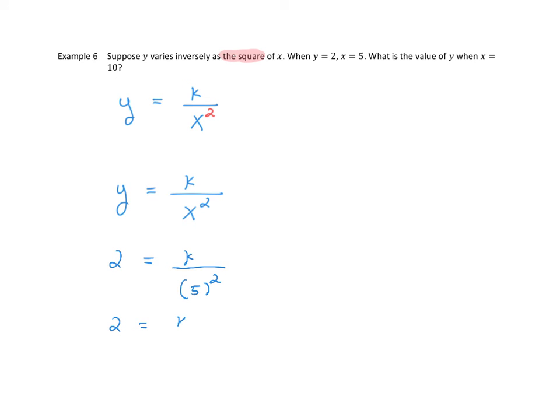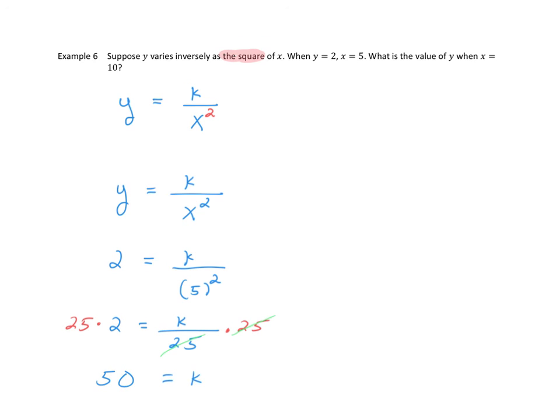So 2 is equal to k over 25. If you want to solve for k, you have to multiply both sides, not by 5, but by 25. On the right, the 25s cancel, leaving the k. And on the left side of the equation, we have 50.